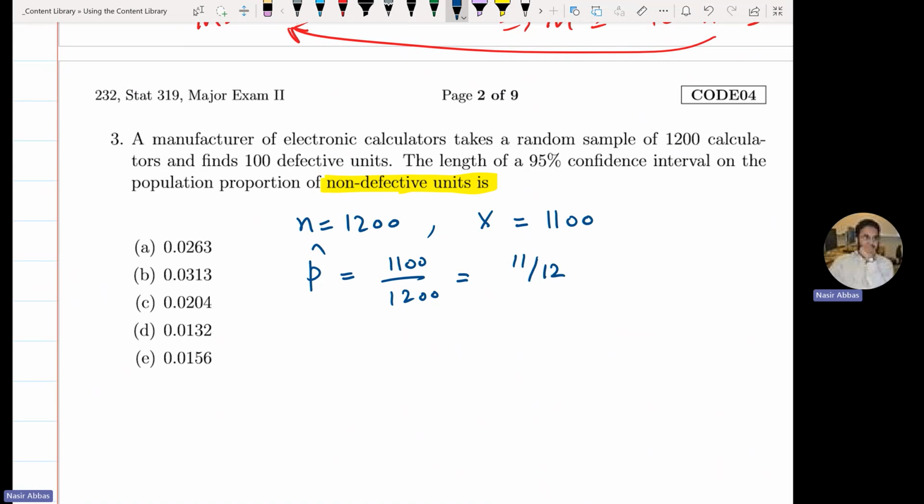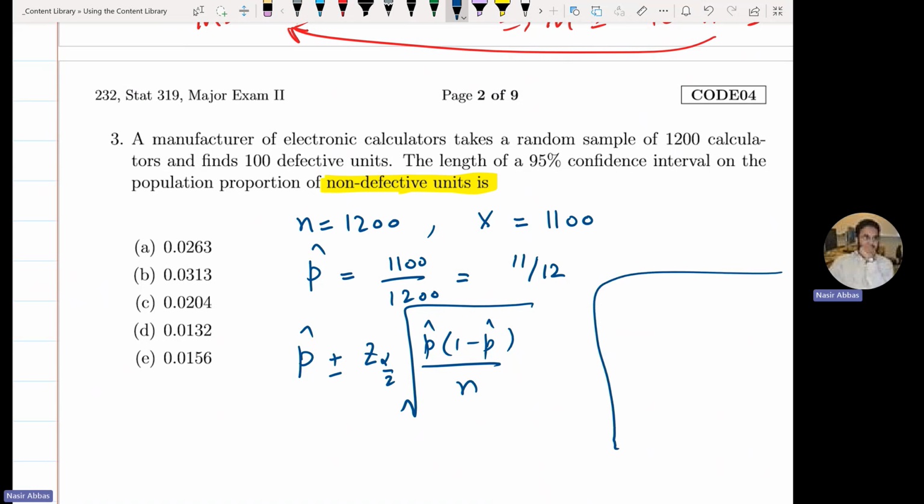And the formula for the 95% confidence interval for P is given in the formula sheet as P hat plus minus Z alpha by 2 times the square root of P hat times 1 minus P hat over n. The only thing which is left is Z alpha by 2, which is a popular value. Your alpha is 0.05.